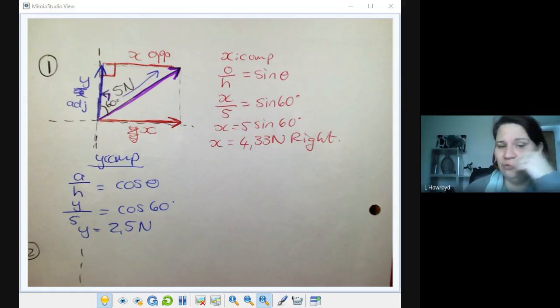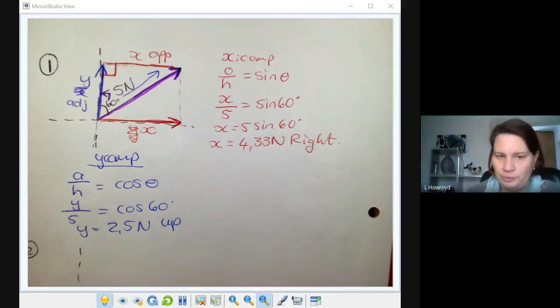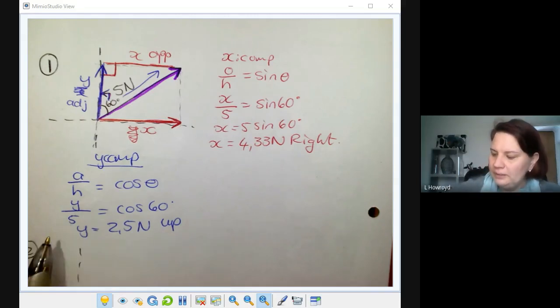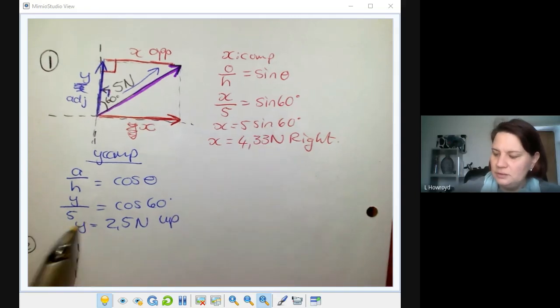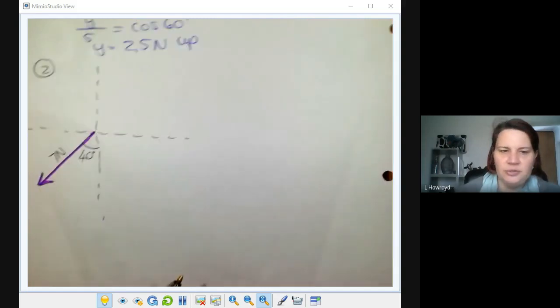So for now, I'm trying to let you just work out the correct components, okay? So I'm not trying to confuse you with what these forces are and what they mean and whatever. Okay. You happy with that? Okay, did you all get that? I hope so. Let's take a look at number 2.